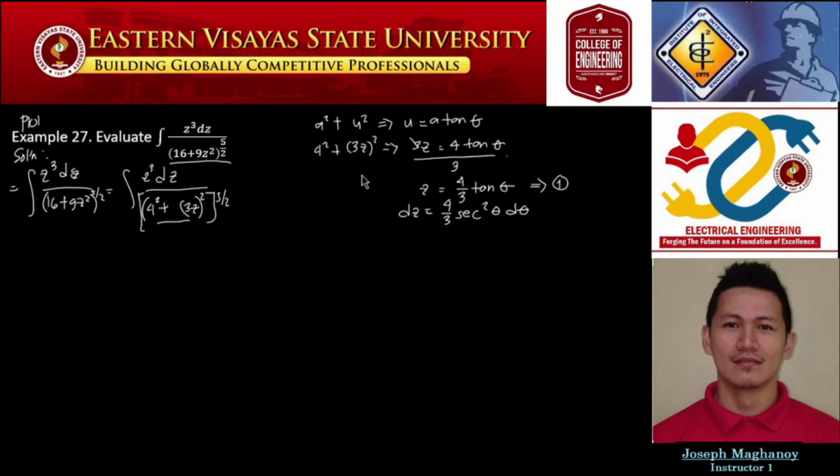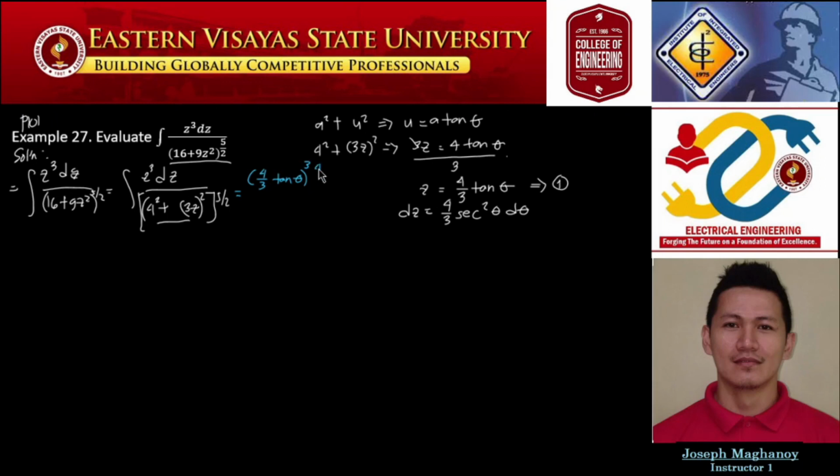Okay, so we substitute z and dz into our original function. So we substitute z cube: for our z, that is 4/3 tangent theta raised to 3. How about for our dz? So we substitute our dz here.